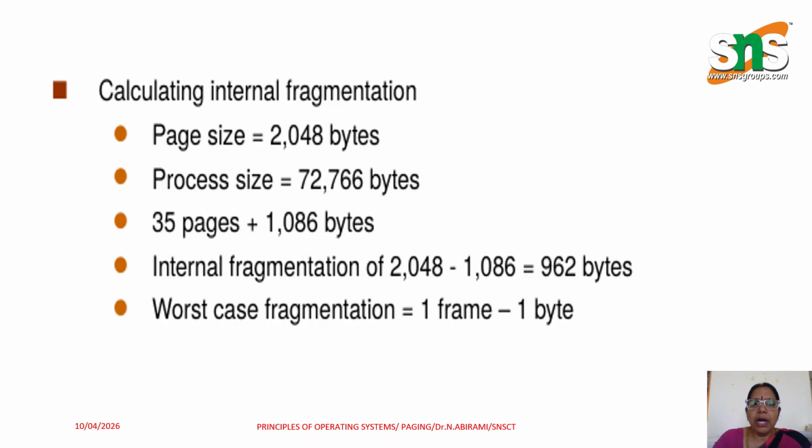Now let us see how internal fragmentation can be calculated. In our example, we consider the page size as 2048 bytes and the process size as 72,766 bytes. Dividing 72,766 by 2048, we get 35 pages plus an offset of 1086 bytes.